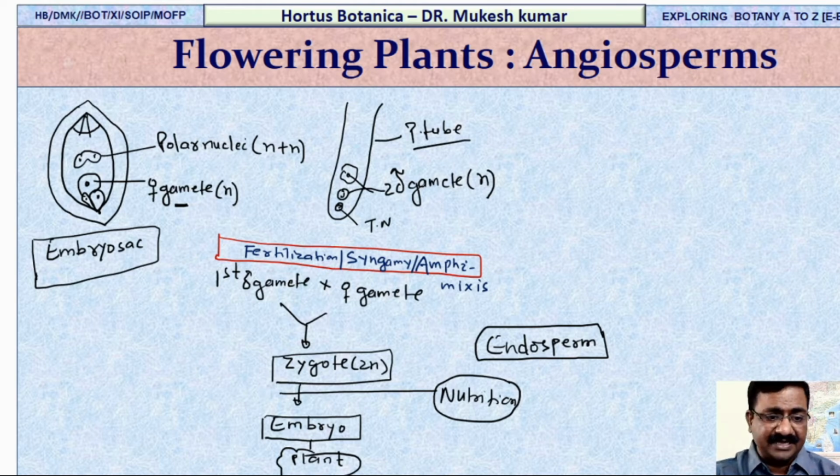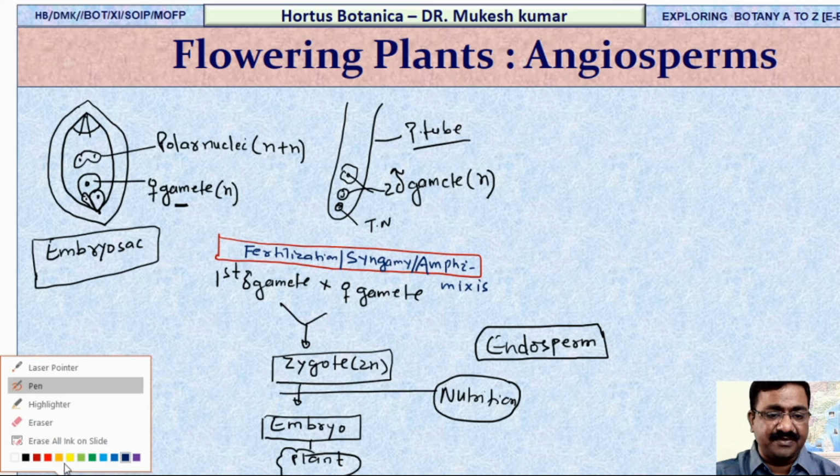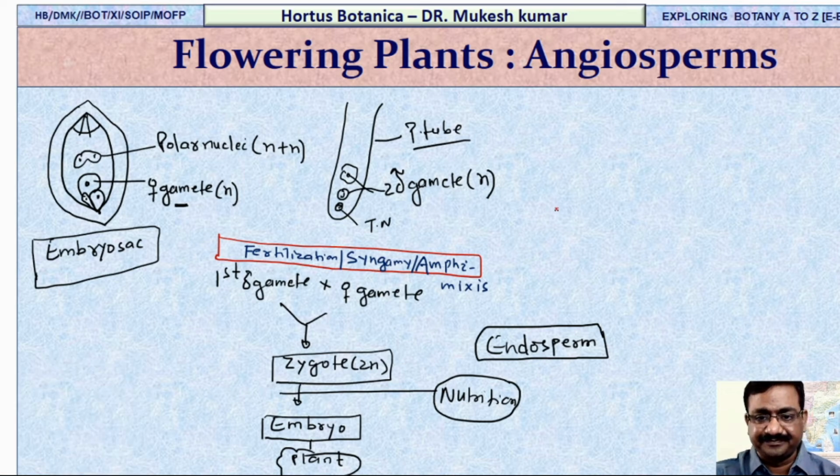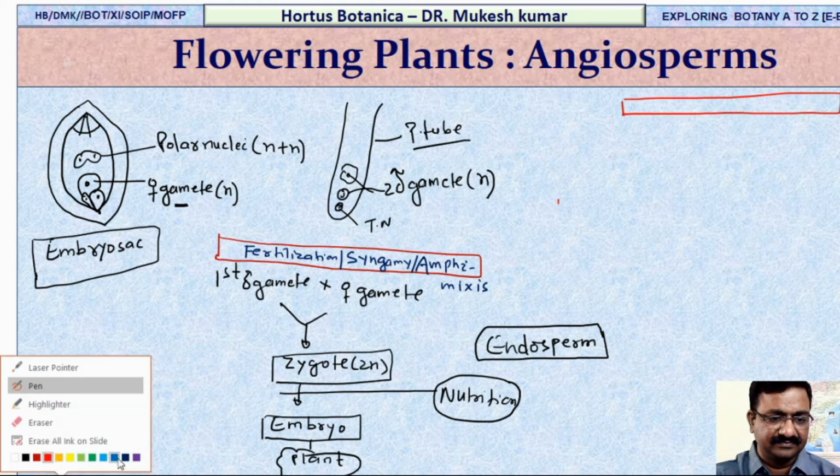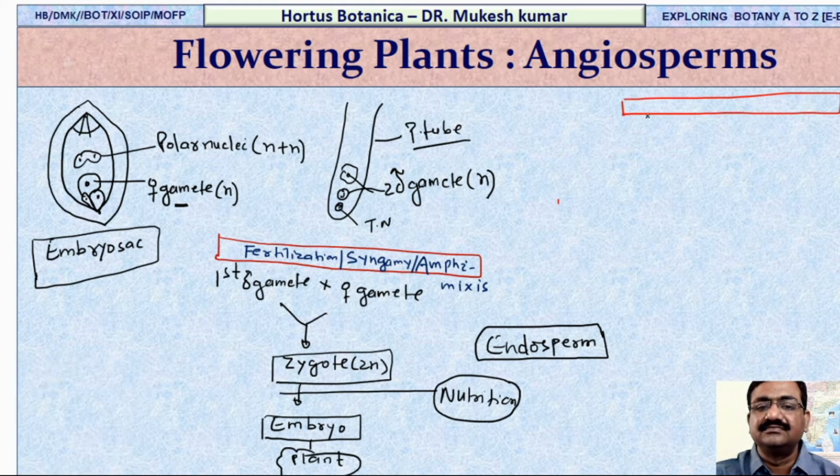But again, we have another important process. This process is called trophomixis. Tropho means food.